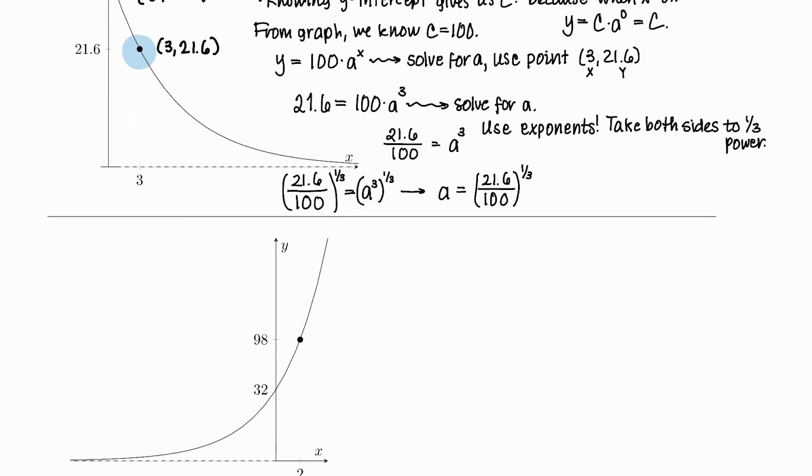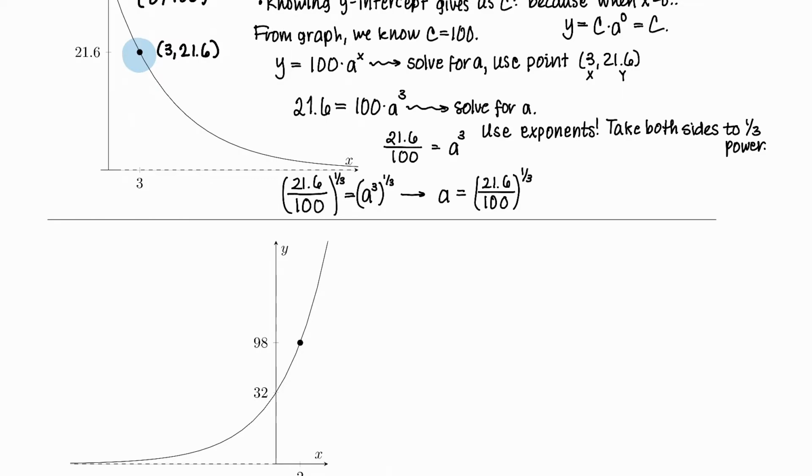And then our final equation, let's see, where can I write this? I'm going to write it on the graph. Our final equation, you should probably put 21.6 over 100 to the 1/3 into your calculator. But I seem to have misplaced mine.